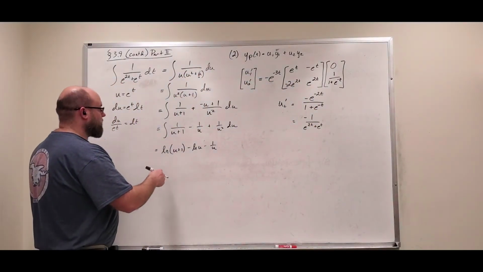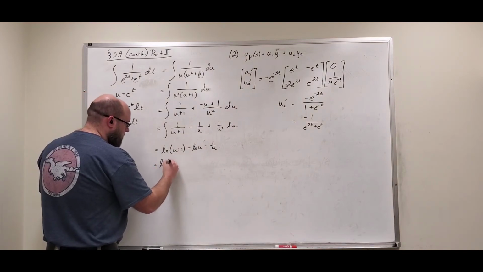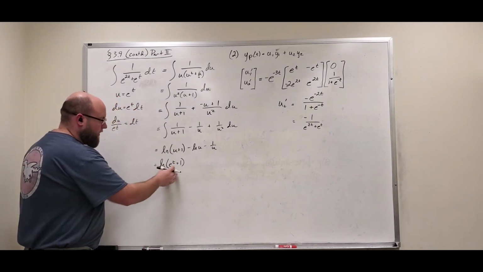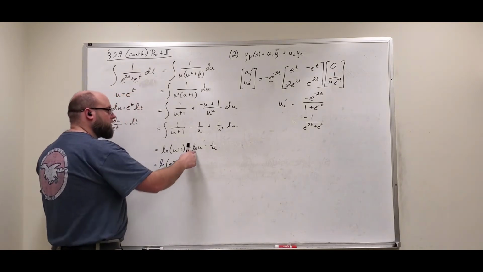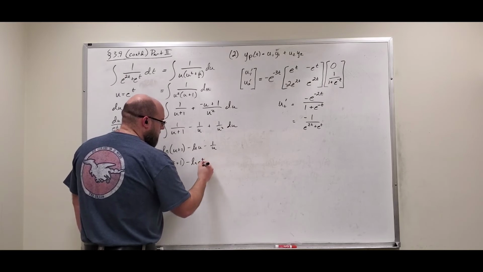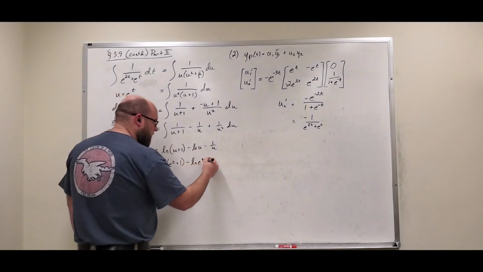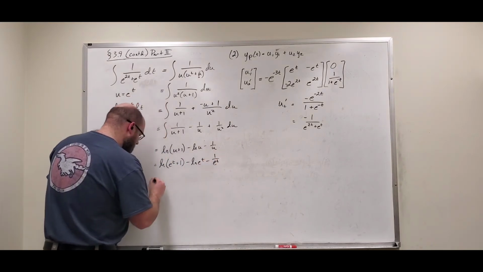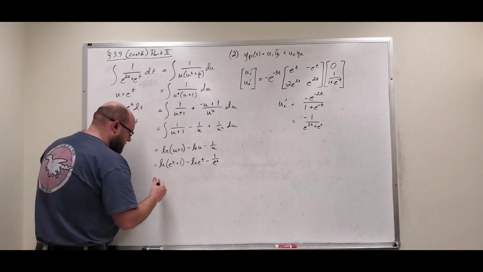Now I'm going to plug in my values for what u was. u is equal to e to the t. So I'm going to get the natural log of e to the t plus 1. Notice I don't need absolute values here because this is always going to be positive. Minus, well, that's the natural log of e to the t. So we'll talk about that here in just a second. Again, it's not equal to 0, and it's never negative, so we're good on that one. Minus 1 over e to the t. All right, well, that natural log of e to the t, that's just t.